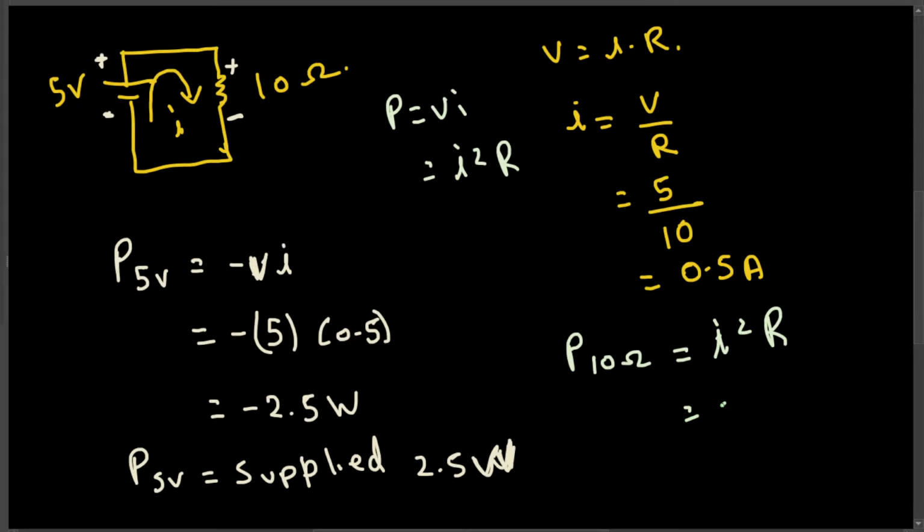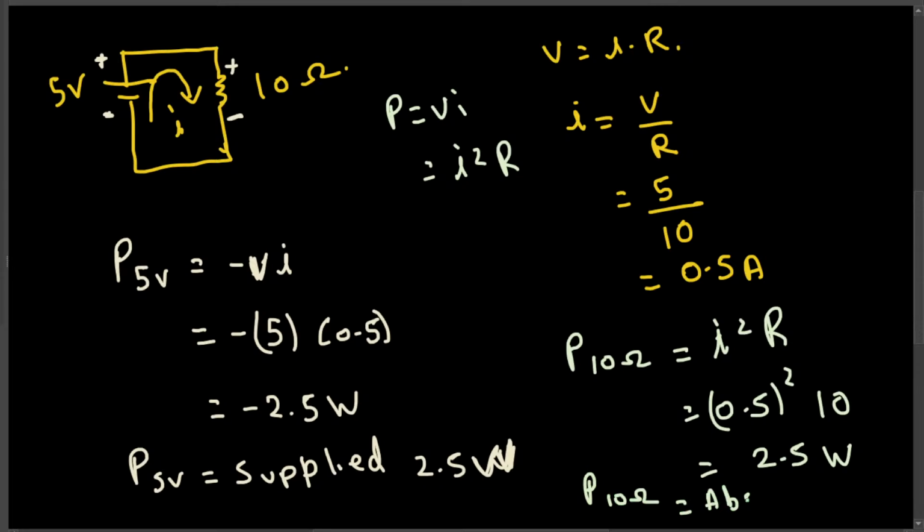I is 0.5 amperes, squared, and the resistor is 10 ohms. If you calculate this, it gives you 2.5 again. That is watts. And here the power is positive, so this is power absorbed. The 10 ohm resistor absorbed 2.5 watts.